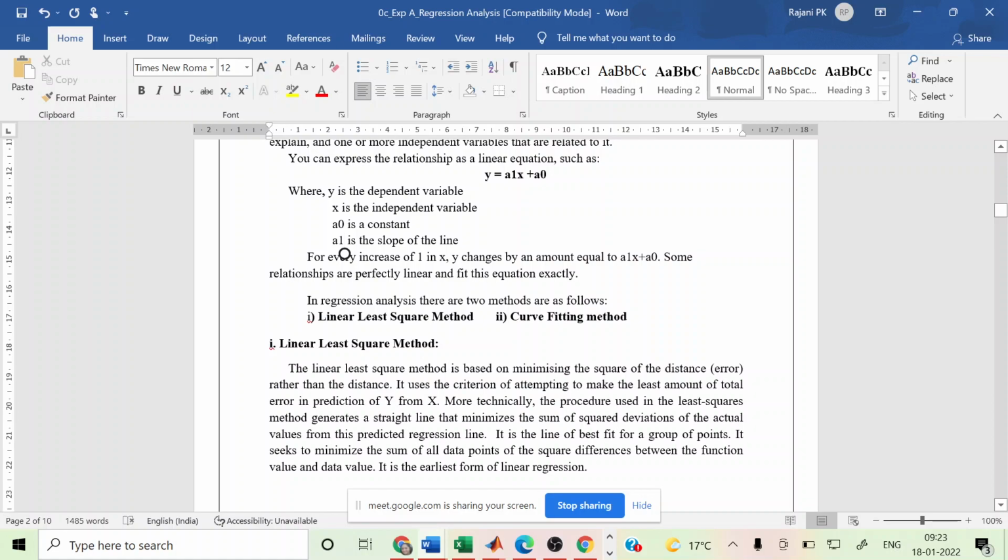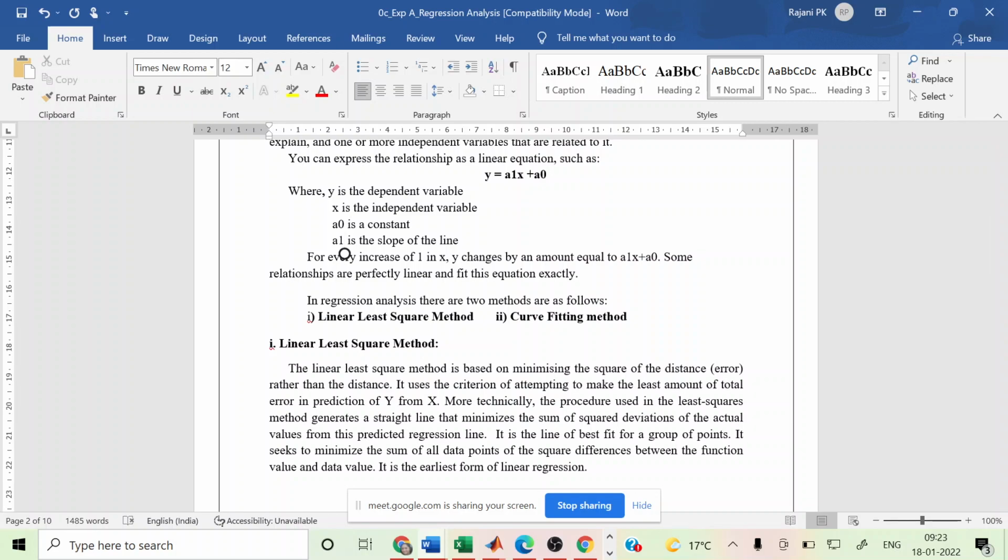So in regression analysis there are two main methods. We call them the linear least square method and the curve fitting method. The linear least square method is based on the square of the distance, that is the error, rather than just the distance. It is the square of the distance. Okay, its meaning we are going to discuss practically.